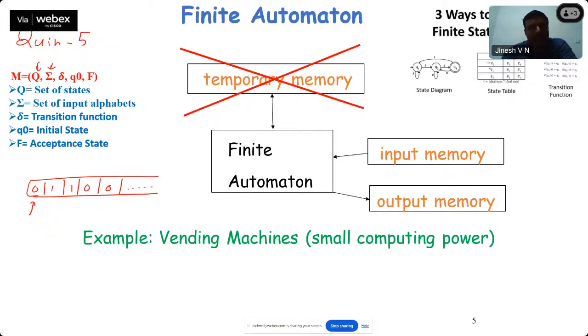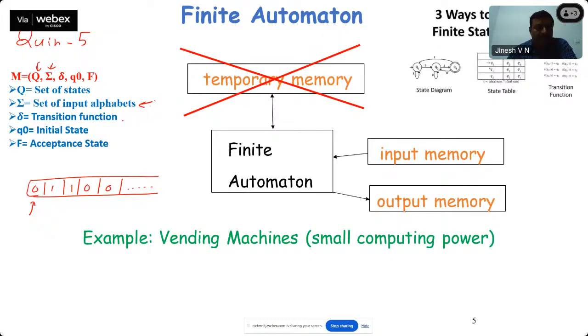That instruction set will always be limited, meaning it cannot be an infinite set of instructions. We will have a specific number. So this is the set of input alphabet, like a set of instructions we are using. Each instruction we consider as one alphabet.